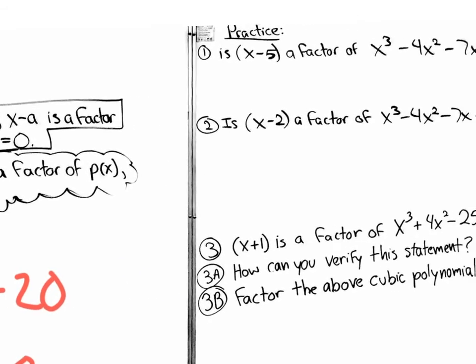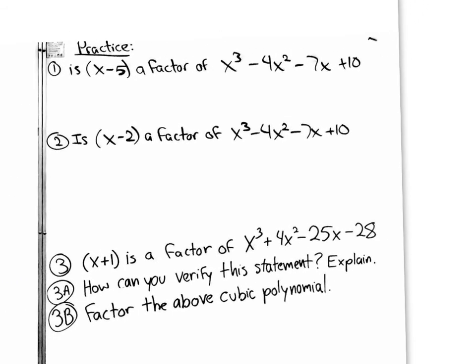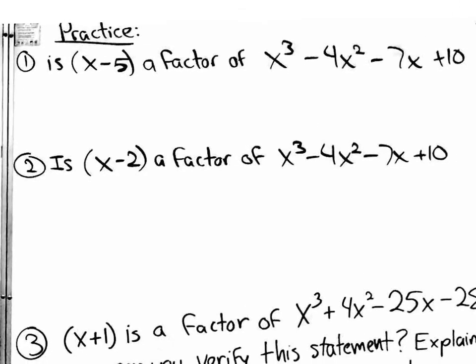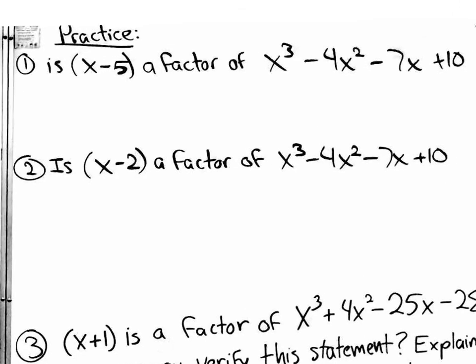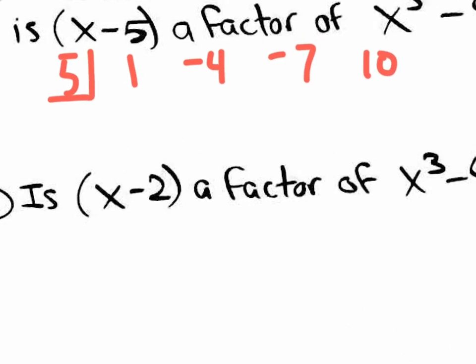Let's go back over here. I'm going to use synthetic substitution. So I'm going to plug in a 5 in the box, okay? And I'm going to do the coefficients, which is 1, negative 4, negative 7, and 10. Let me zoom in even further to get this going here.